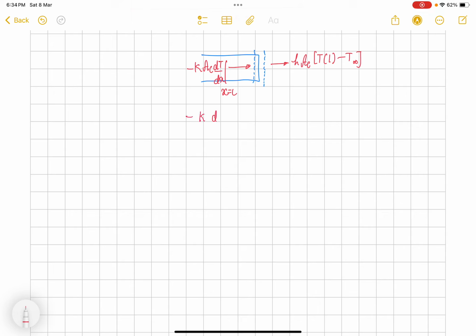K d theta by dx. We can also write it like that because Ac will be cancelled on both sides. So h times theta L, which is nothing but h times TL minus T infinity, which is also called the Robin boundary condition.